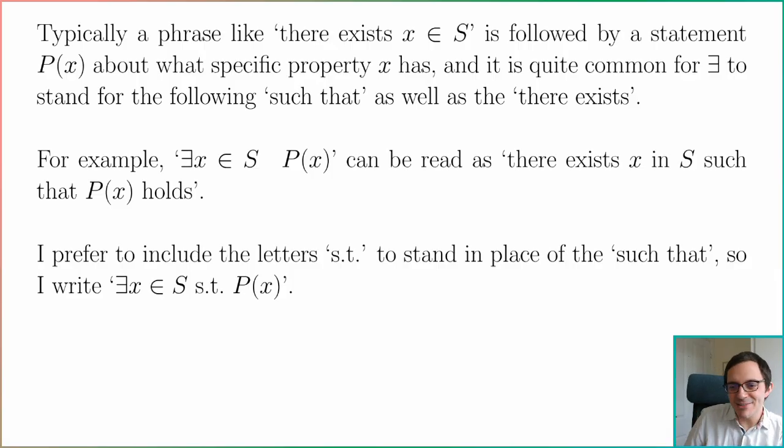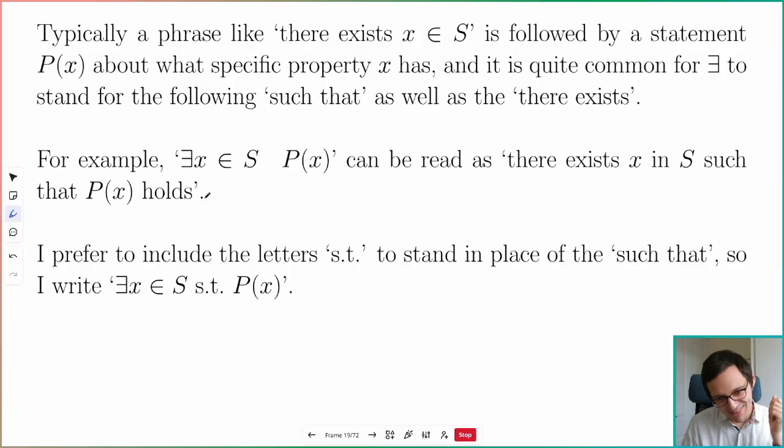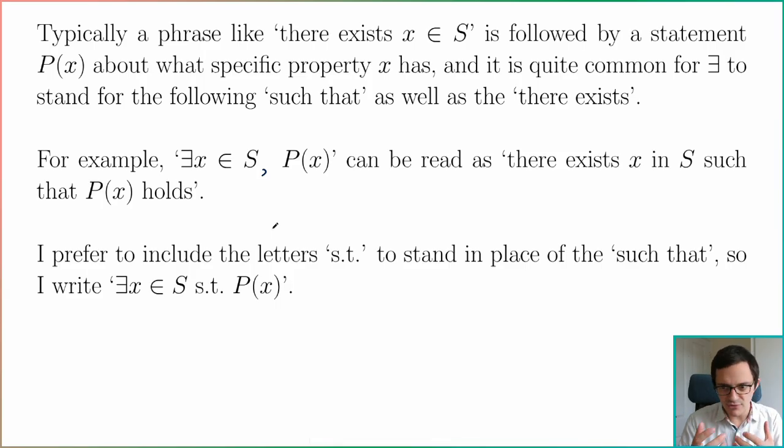Maybe it's the smallest in your set, maybe it's a prime number or something. Well, let's find out. So often the statement "there exists x in your set" is followed by some property that is satisfied by x. And at this point I'm just going to encourage you to leave a space maybe, or maybe put a comma between these. So saying there exists x in the set such that the property P of x holds.